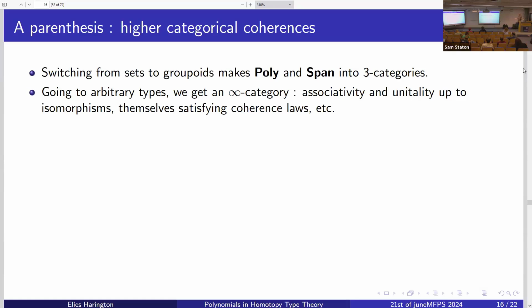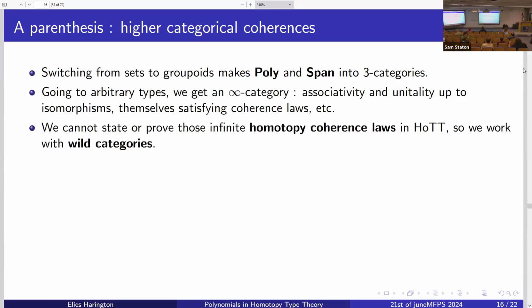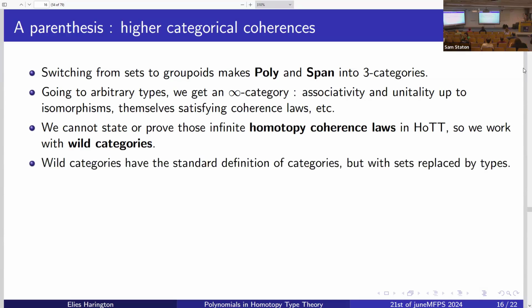So all the associativity laws would hold only up to isomorphism, and all those isomorphisms would only hold up to coherence laws, and we would get into coherence hell. And it's not known how to do all this stuff all the way up to infinity in homotopy type theory. And so what we actually do is that we just discount all the higher coherences and just prove the base ones, which seems like we are actually not proving that many things.